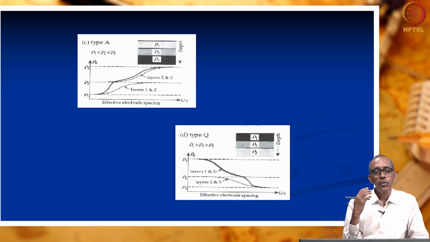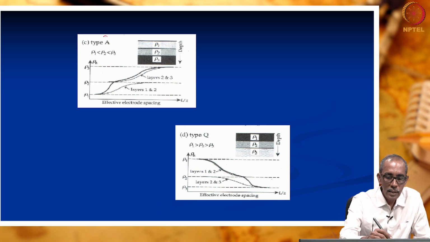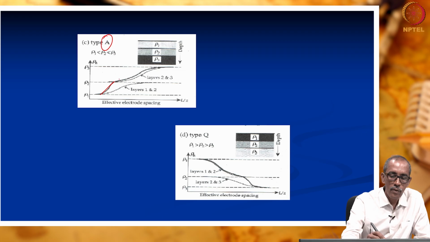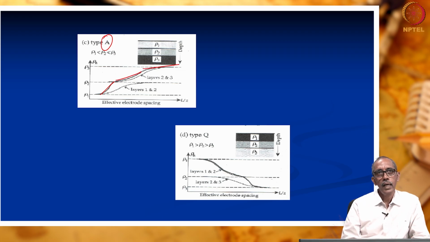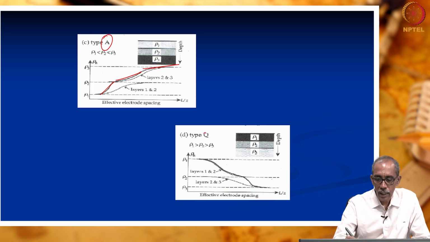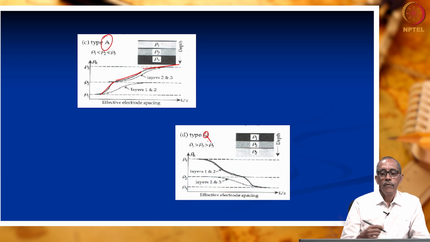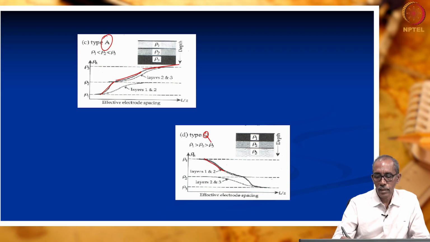Then two other curves, one is known as A type. In A type, the resistivity values of layers are continuously increasing. Just the reverse of this is known as Q type curve, where the resistivity of the layers is continuously decreasing.